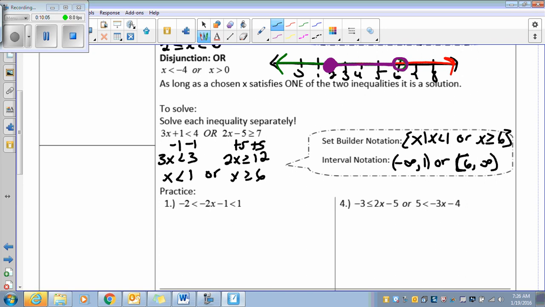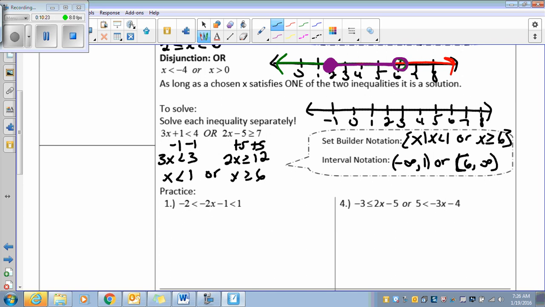Right, so this graph is going to be a little bit different than if we were looking at "and." We would have our number line. And again, we're going to graph both inequalities.